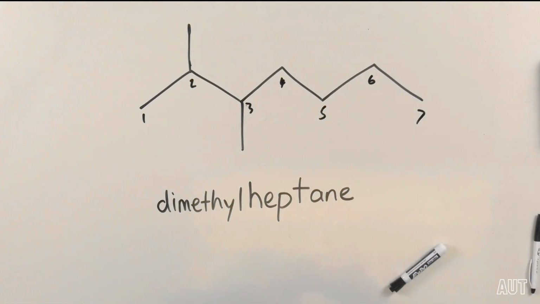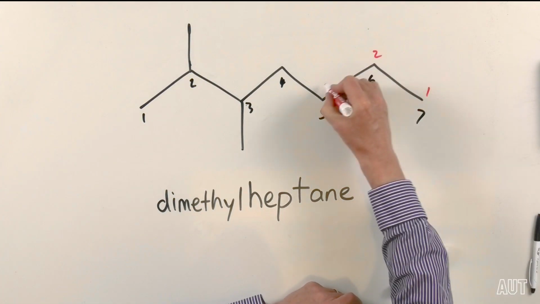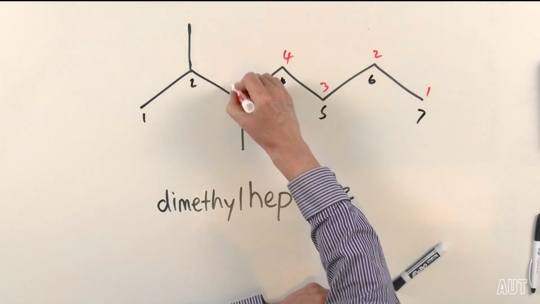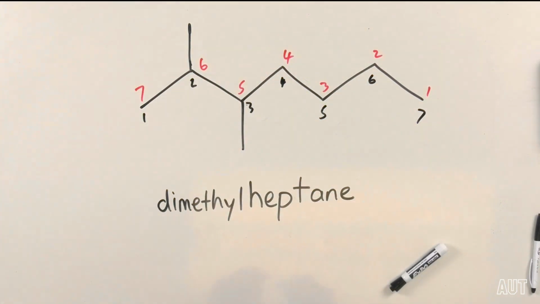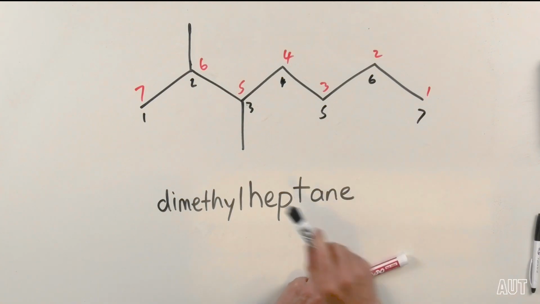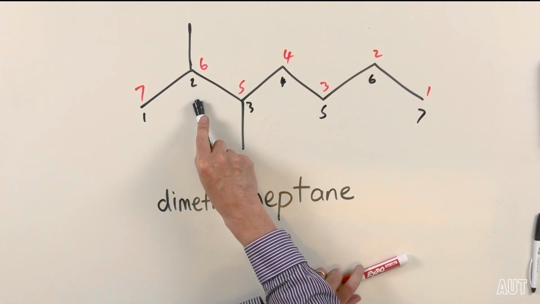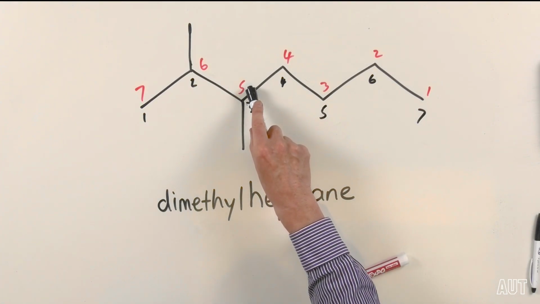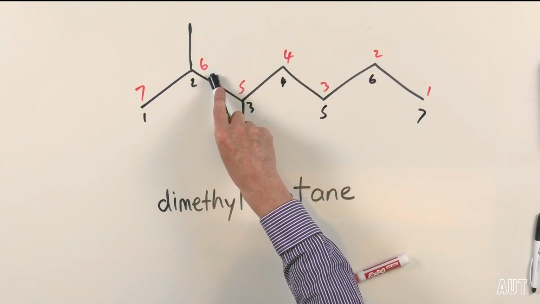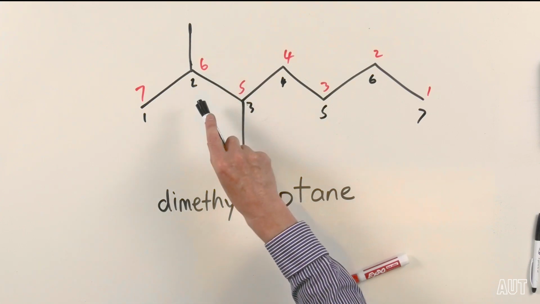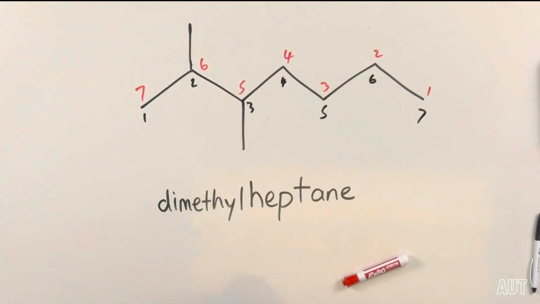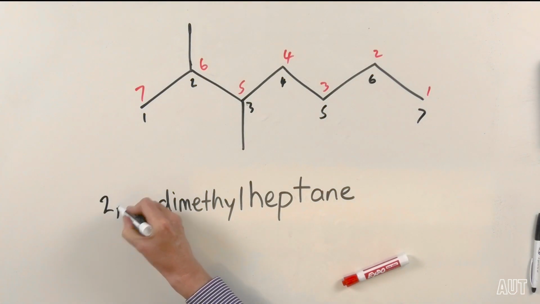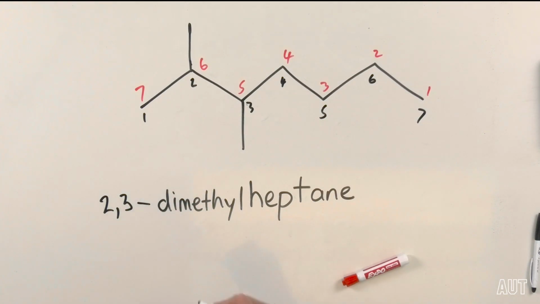We can go to the other end and do 1, 2, 3, 4, 5, 6, 7. Numbering in black gives your substituents the numbers 2 and 3. Numbering in red gives your substituents the numbers 5 and 6. So therefore it's looking very much like 2 and 3 are going to win out: 2,3-dimethylheptane. But not so fast, you say.